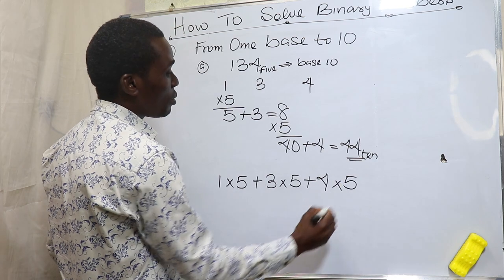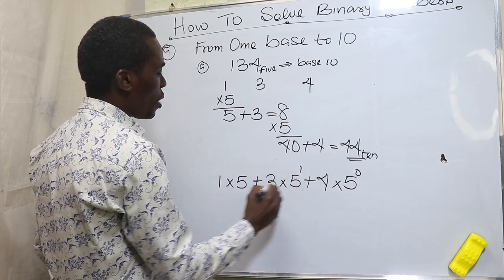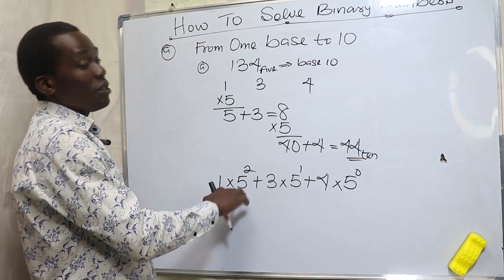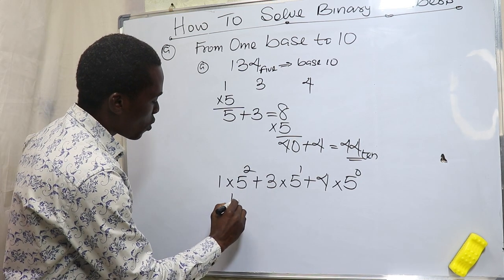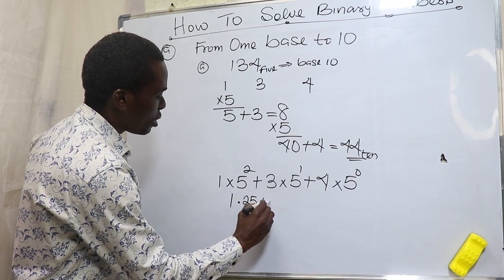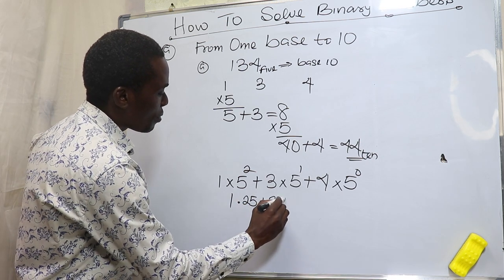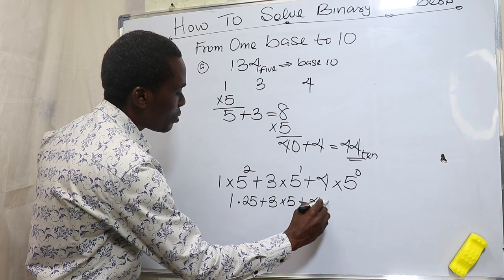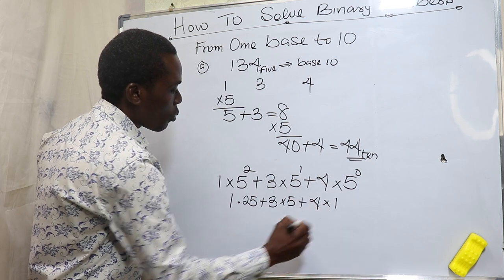Now we will put all of them in the place value: 0, 1, and what? And 2. 5 to the power of 2, I will get 1 multiplied by 25, plus 3 times 5, plus 4 times anything to the power of 0, which is 1.